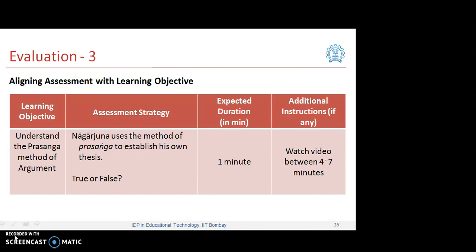In fact, contradiction is inherent in the very way of understanding anything conceptually because of the relative character of concepts. So obviously, Nagarjuna doesn't use the method of Prasanga to establish his own thesis. He doesn't say that he has any position. Therefore, this statement is a false statement. So if you have been able to make it out, it is good. Otherwise, try to understand in this way.